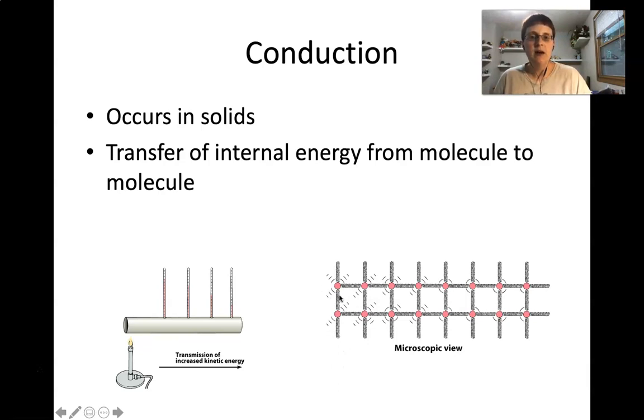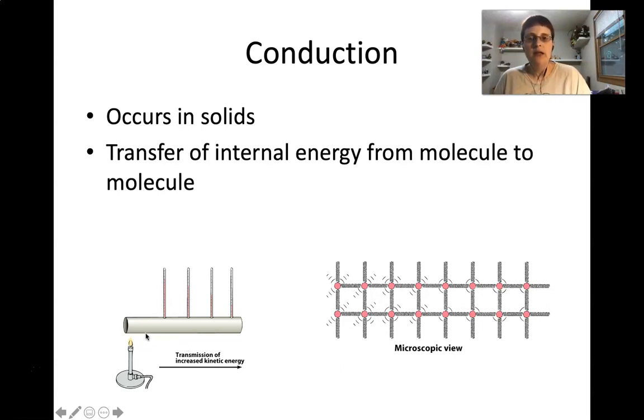It gets these atoms really excited. They have lots of energy, so they start transferring that energy to their neighbors by vibrating, and it gets passed down the line. The energy doesn't go very far, because it can only go so far, but the more heat we apply here for the longer amount of time, the more of that energy will get passed farther and farther down.